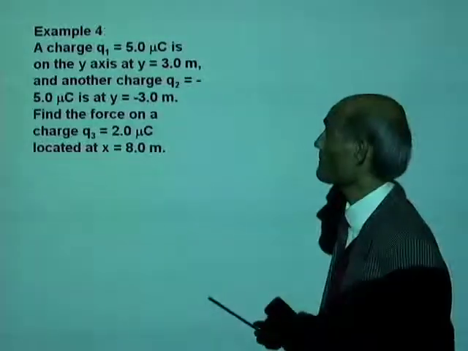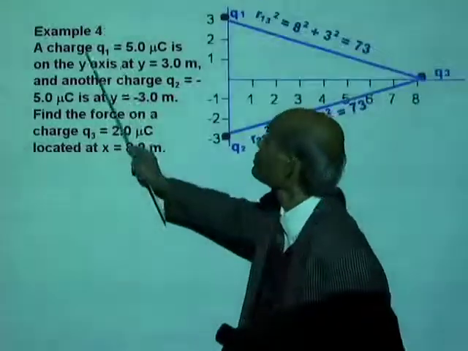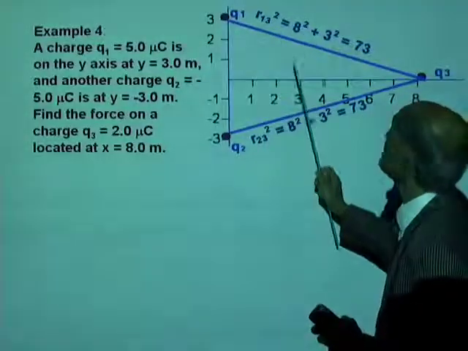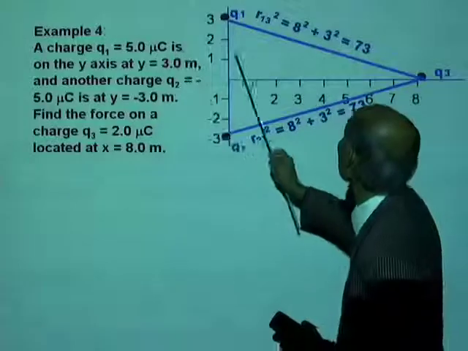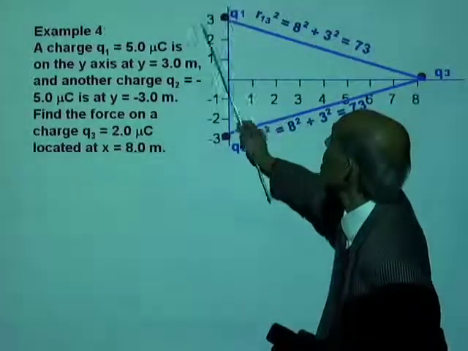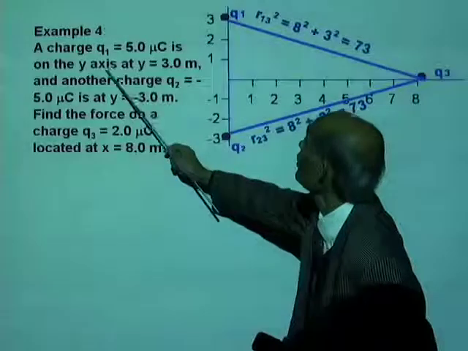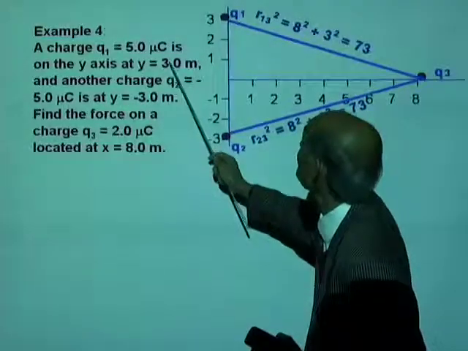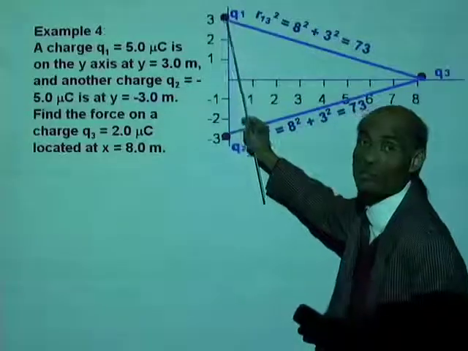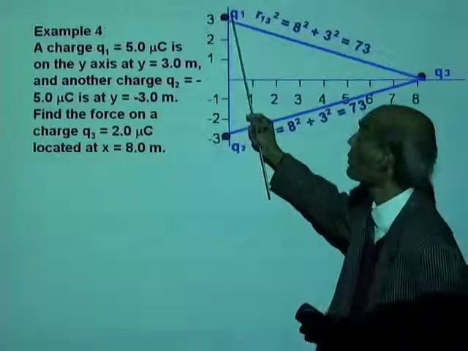Let's do another problem. A charge Q1 equal to 5 microcoulomb is on the y-axis at y equal to 3 meter. Now, this is the 5 microcoulomb.